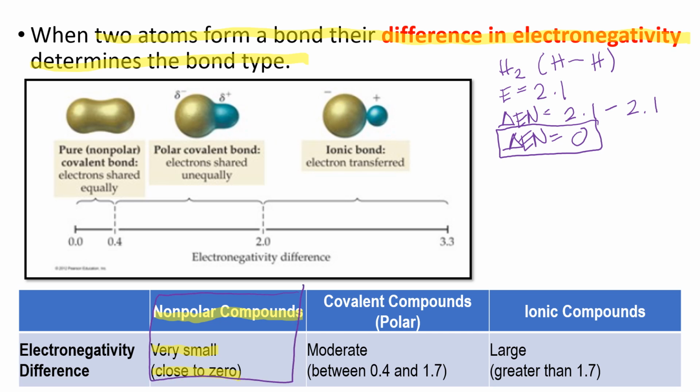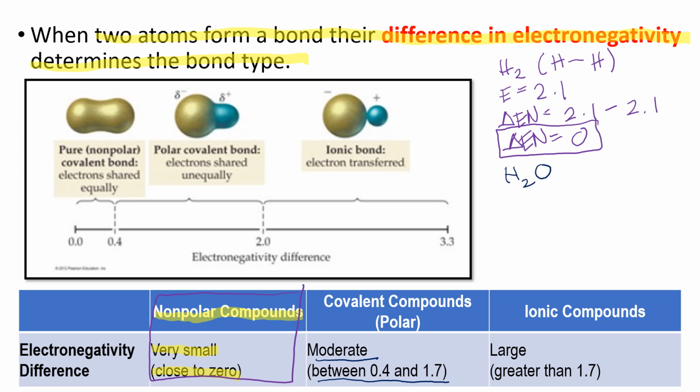Now we go to the next example, which is your polar covalent compounds. For polar covalent compounds, the electronegativity difference is moderate, between 0.4 and 1.7. An example of this is your water molecule, H2O.